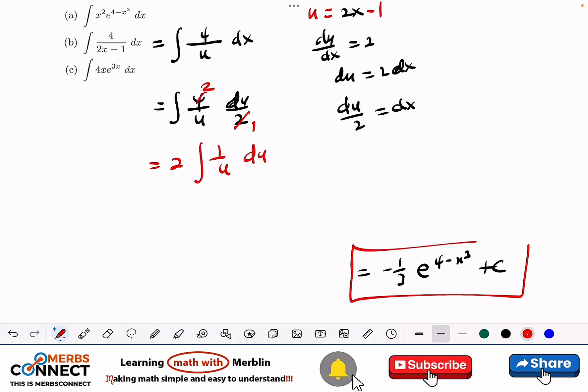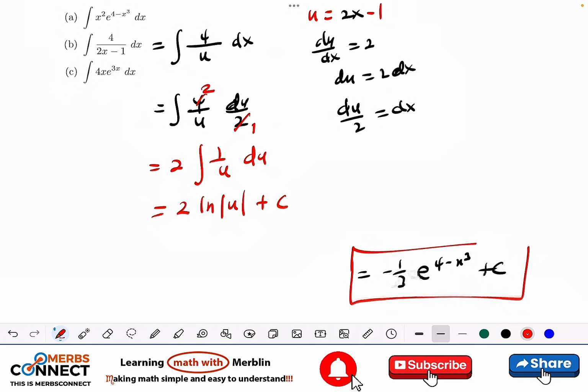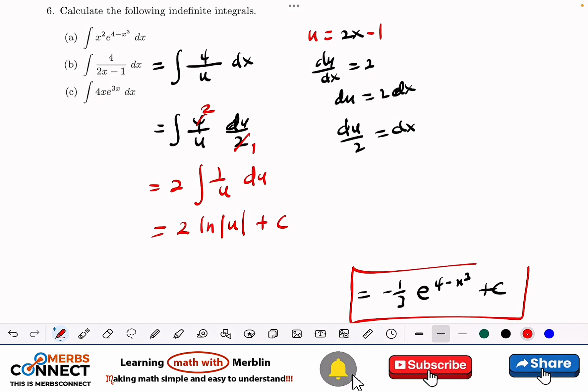So what do you need to think about here? This is 1 over u, so we need to think about the natural log, which is ln of u, plus c. Now we don't know u, so we need to go and plug in u. So what are we going to get? We are going to get 2 ln of 2x minus 1 plus c.